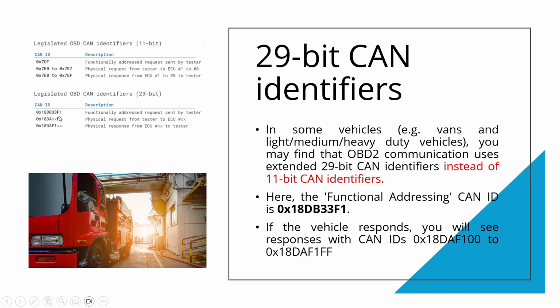So here XX means the particular ECU. It could be 1 if it is the first ECU, it could be 2 if it is the second ECU, like that.